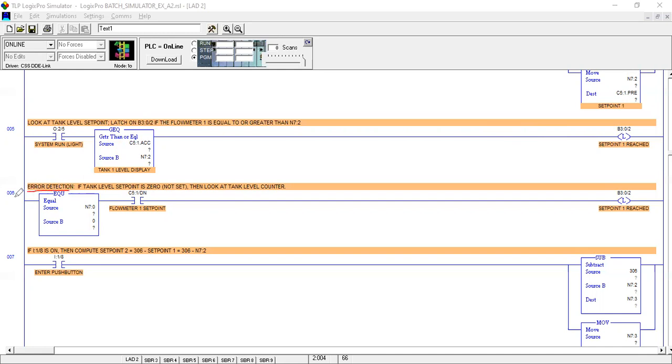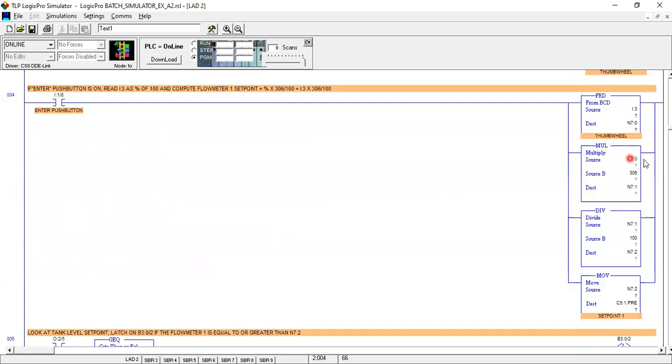And for the error detection, in the next rung, the 6 number rung, we have the error detection. So if tank level set point is 0, not set, then look at the tank level counter. Okay, if equal, you have to manually put in the 0, and in the source A you will put the integer N7:0. Okay, so we have this one in the multiplication and destination parameter of our BCD, binary coded decimal.